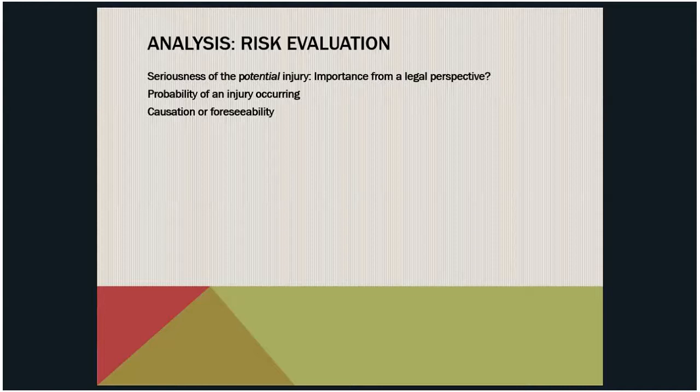The seriousness of the injury may not be too dramatic, depending on the context of where this step or ramp is. It could cause people to fall a far distance and could cause some catastrophic injuries. Or is it something that may not happen at all, but if it does happen, it's going to cause serious or even fatal injuries? Maybe there's a pump at the bottom of a swimming pool that's 12 feet deep, and the gate on top of it isn't secured as well as it should be.